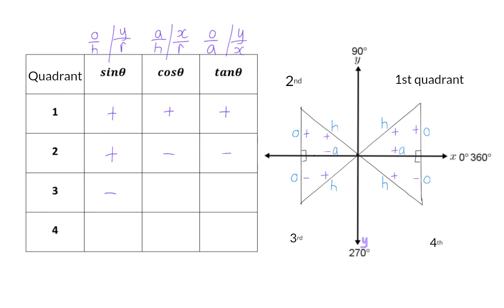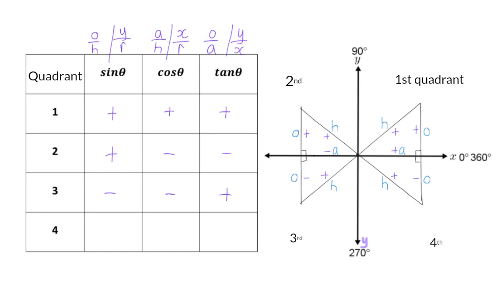The cos ratio is the negative adjacent side divided by the positive hypotenuse, and that will also give us a negative ratio. And the tan ratio in the third quadrant will be a negative opposite side divided by a negative adjacent side, and a minus divided by a minus will give us a positive ratio.